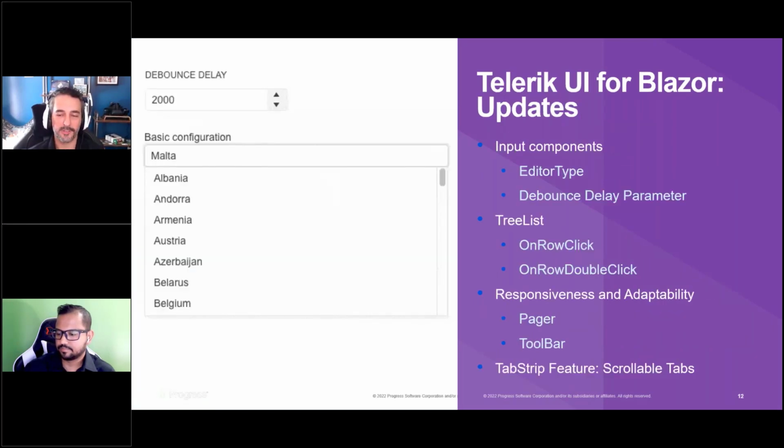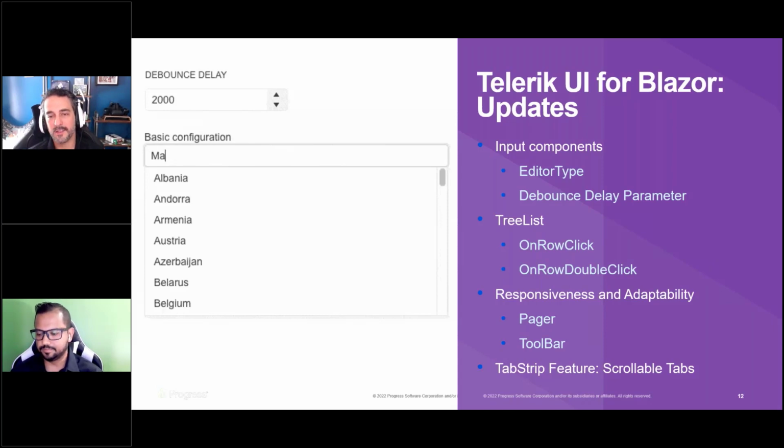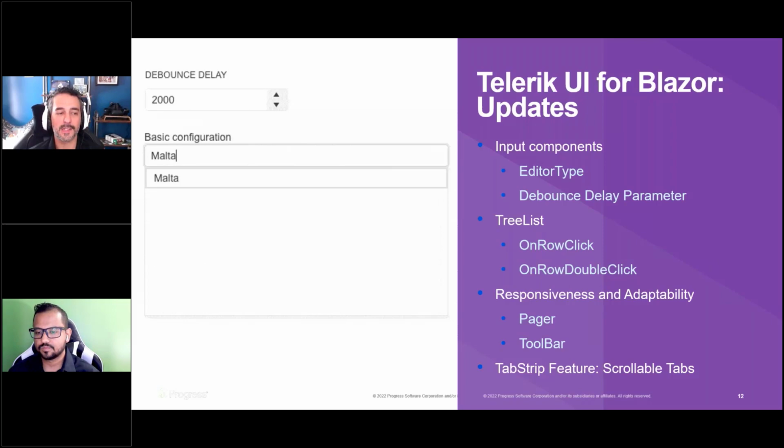And even more updates. We've been talking about this debounce delay. We haven't quite gotten into exactly what it is yet, but all of the input components now have this debounce delay parameter. What this does is when you're typing into an input, for example, you may be going out to a database and getting some data, filtering based on what the user's typing, or maybe you're just using server-side Blazor and there's some WebSocket information that's being transferred as you type.